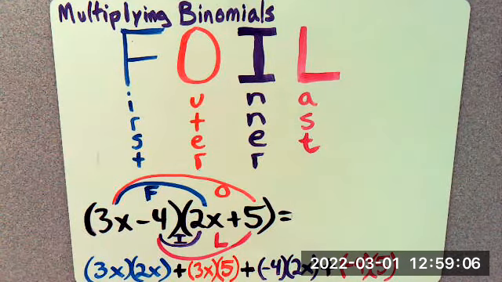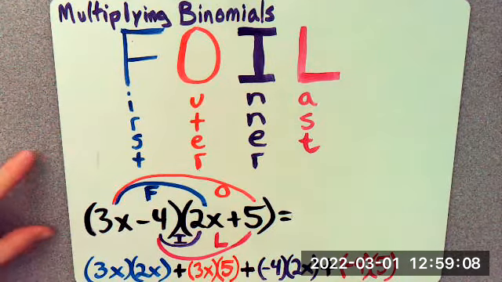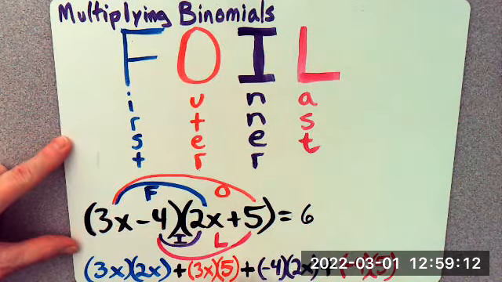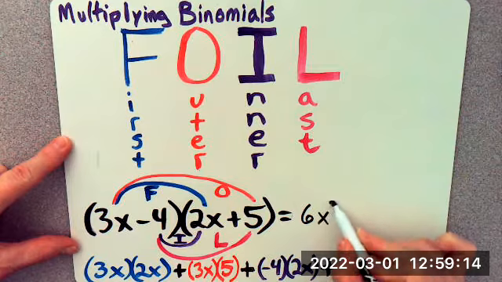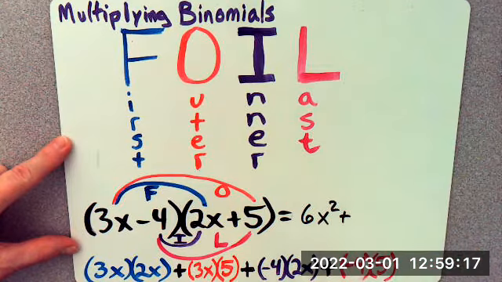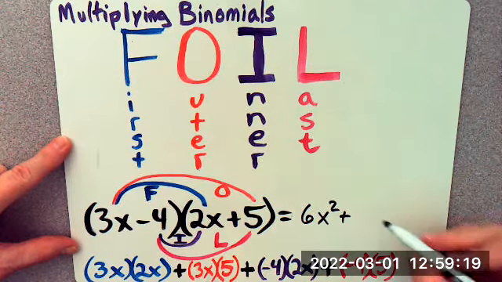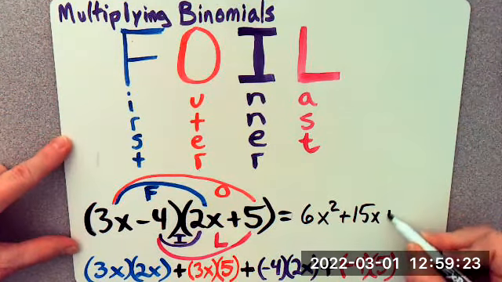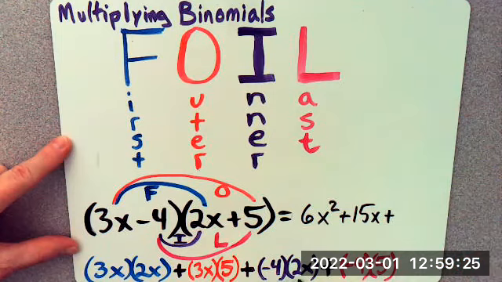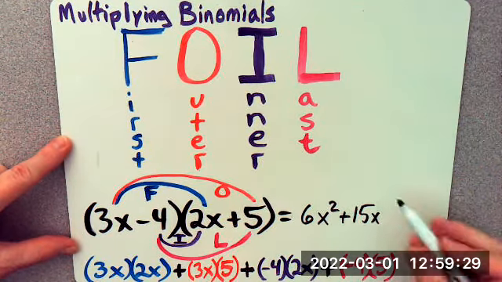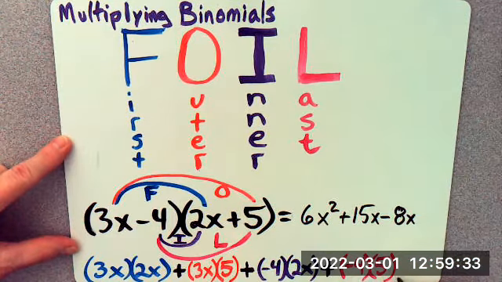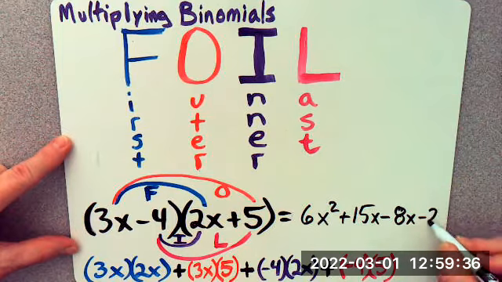So now when we multiply that, we can get our answer. So 3 times 2 is 6, and we have x times x gives us x squared, plus 3x times 5 is 15x, plus -4 times 2 is -8x, so we can just subtract 8x, and then -4 times 5 is -20.